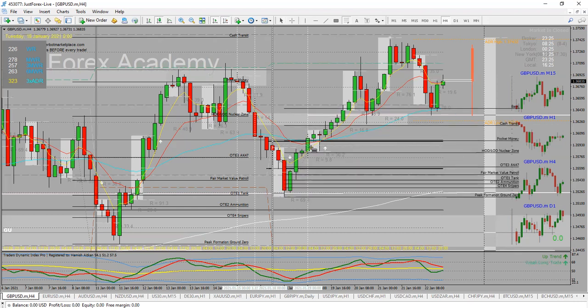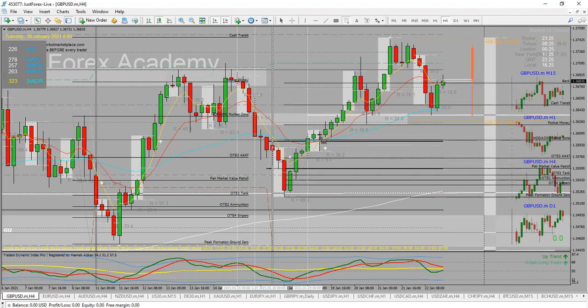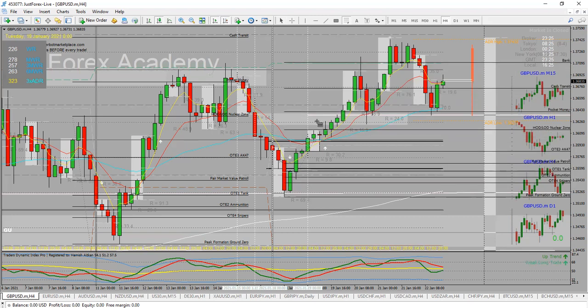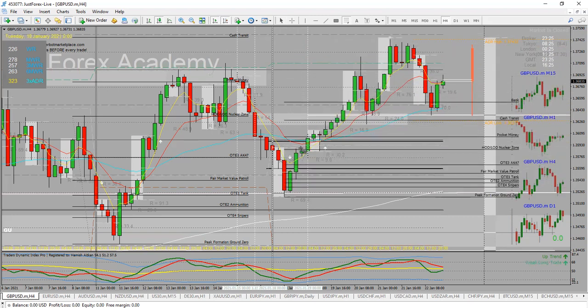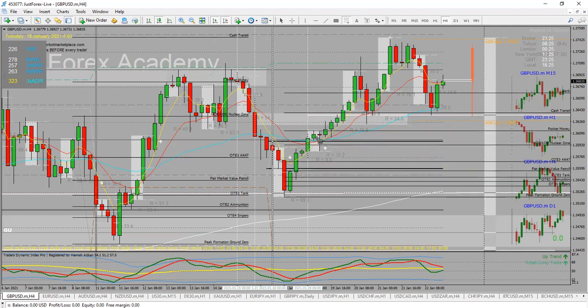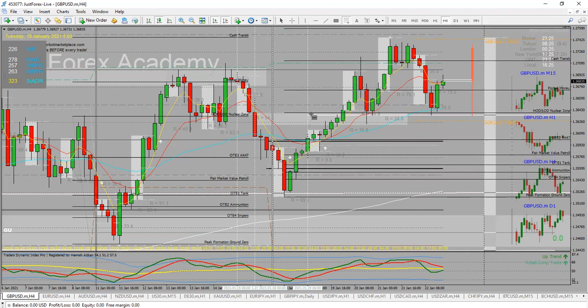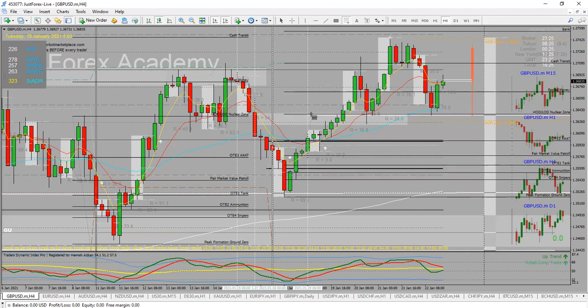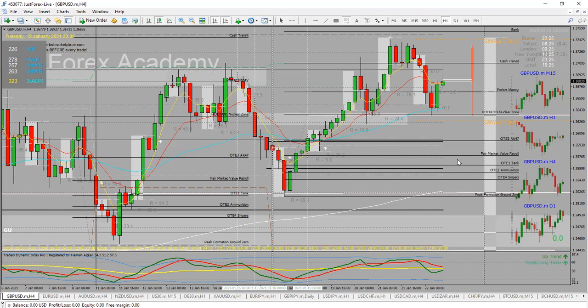Then we have the crossover of 50 over 13 over 50. Then the high of this New York open to before New York close is this one. Then I'll be expecting the market to come at least to test the zones for this week.